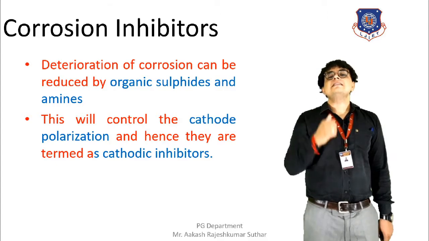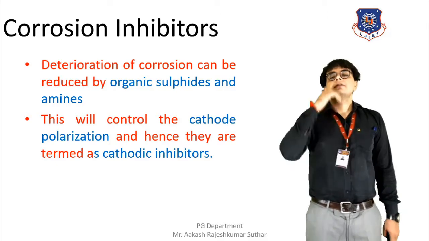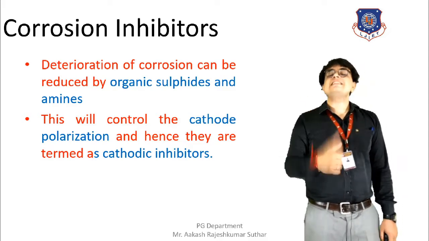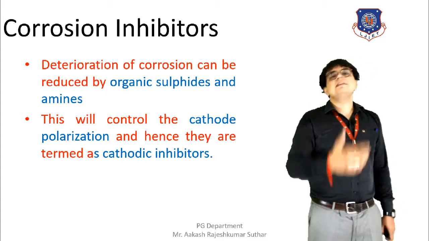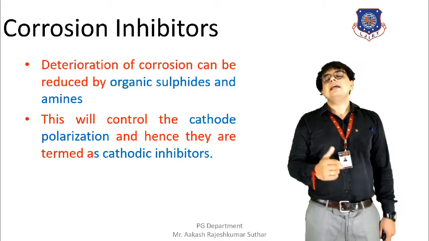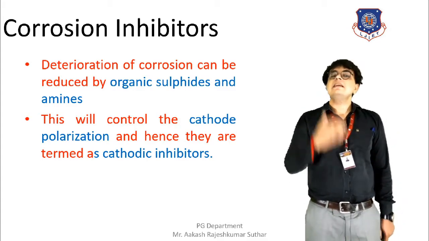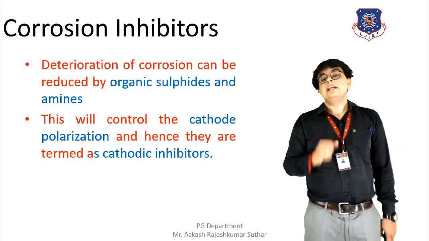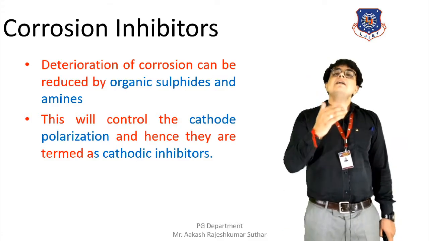So we have corrosion resistance inhibitors. For example, we have the cathode inhibitors, like organic sulfides and amides. When we apply the organic sulfides and the amides to the metal, the cathode polarization is controlled, and by doing so, the corrosion occurrence can be reduced.